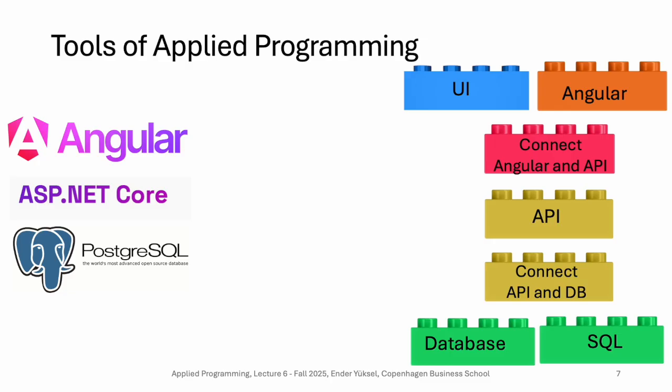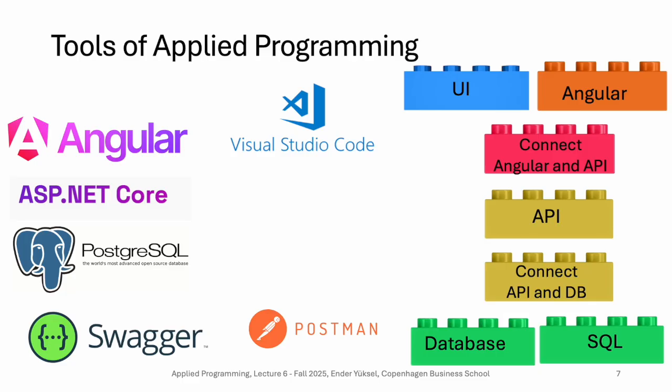But these are not all. We also used Visual Studio Code, which is our integrated development environment, IDE, and we used it both for back-end development and for front-end development. Swagger and Postman were the tools we used when we developed our API.